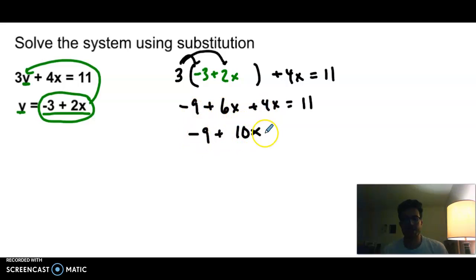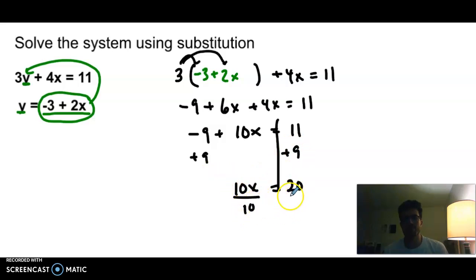I still have the negative 9. I can now add 9 to both sides, and I get 10x is equal to 20. I divide by 10. I get that x is equal to 2.